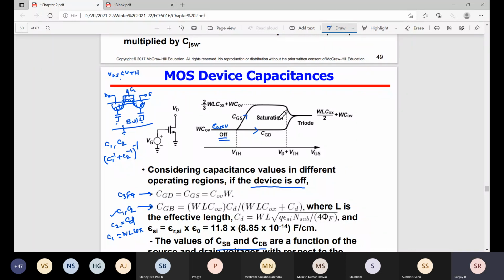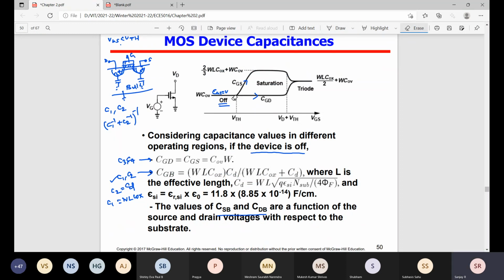Just one minute, I'm missing something here. There will be gate to bulk only, C1, C2. This is gate to bulk, but CGS and CGD are only overlap capacitance, because you can see the overlap here. Gate to bulk is only C1, C2, in the parallel formula.